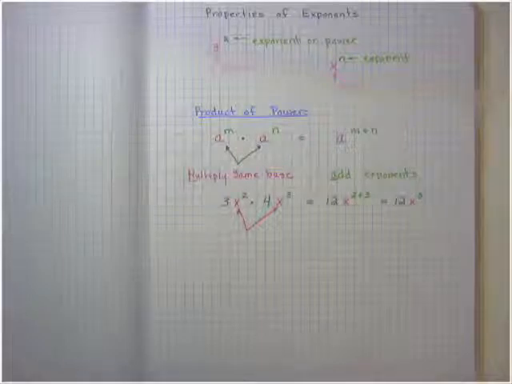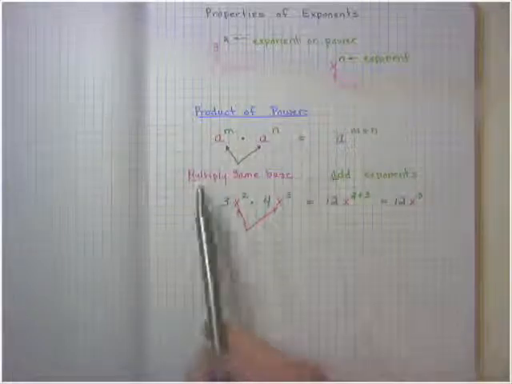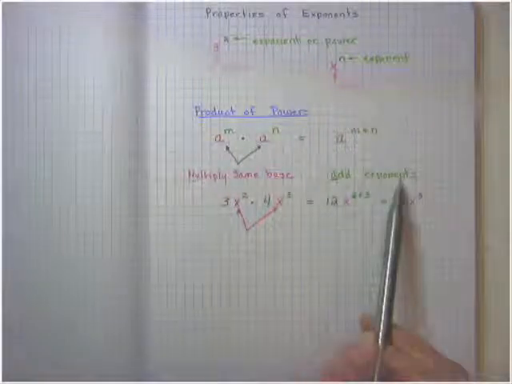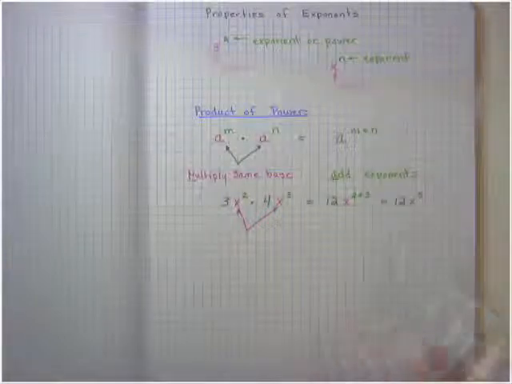Okay, so what we want to remember is that when we're multiplying the same base, we add our exponents.